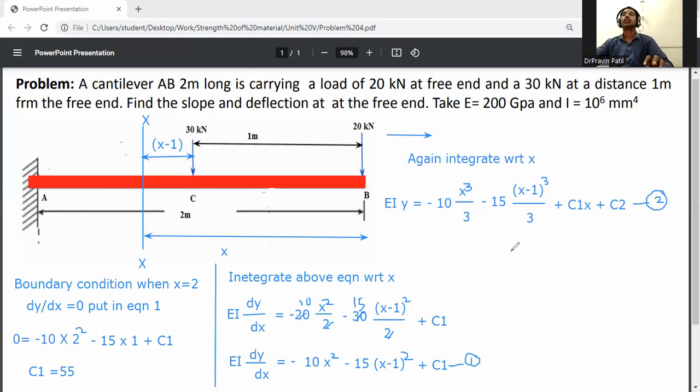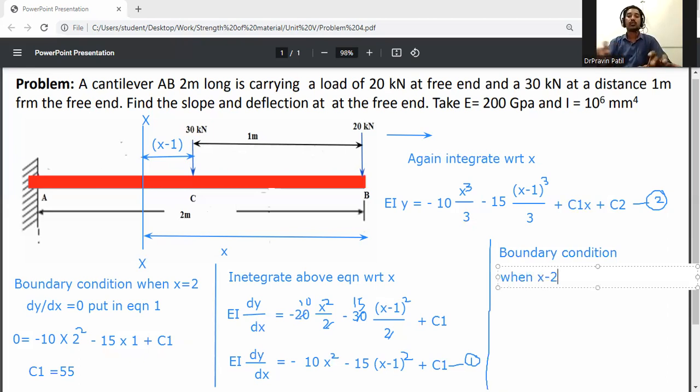So now apply the second boundary condition. When x is equal to 2 and y is equal to 0.